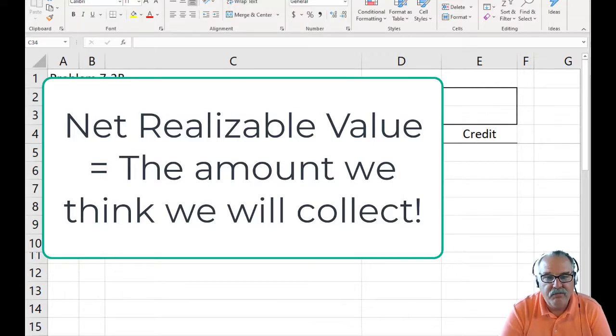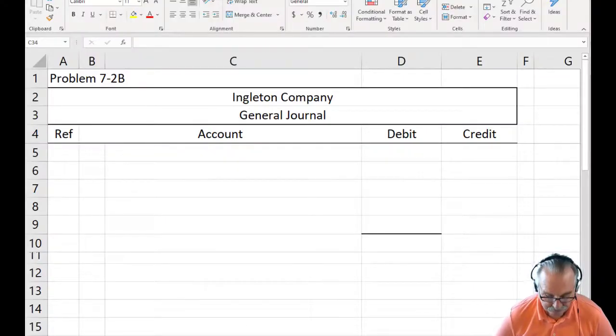Net realizable value means how much are we actually going to collect. So we have to provide an adjustment for what we think will not be collected.